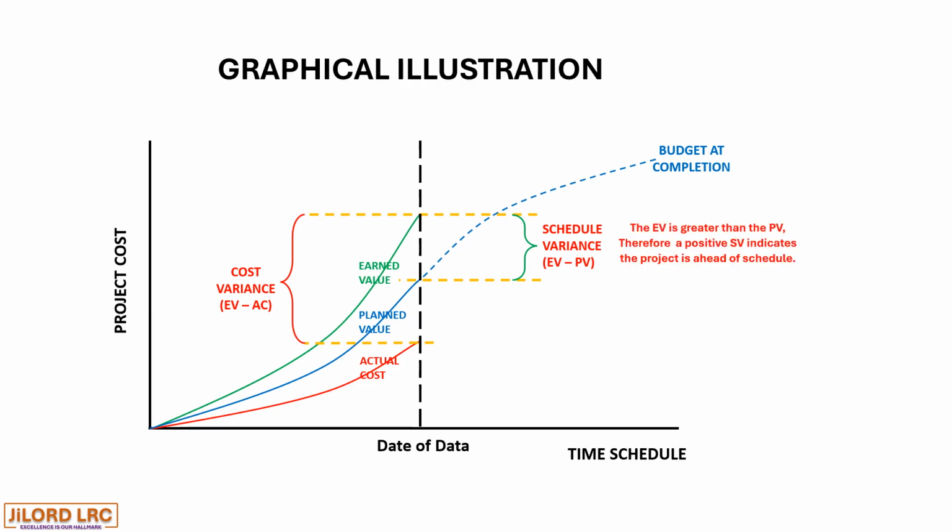So the earned value is greater than the planned value, therefore a positive schedule variance indicates the project is ahead of schedule. And a positive cost variance indicates the project is under budget. It means we are working within budget and there is every indication that the project will be profitable.